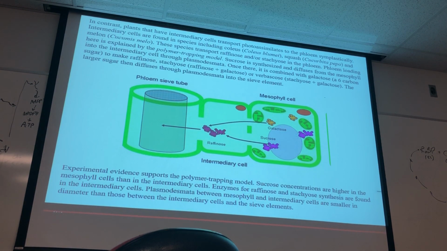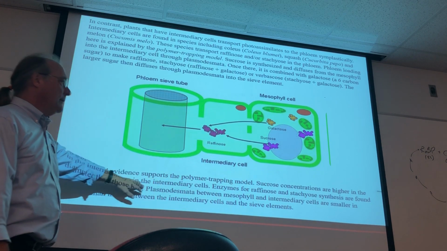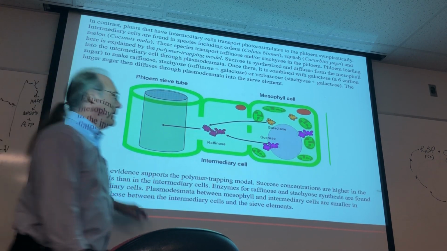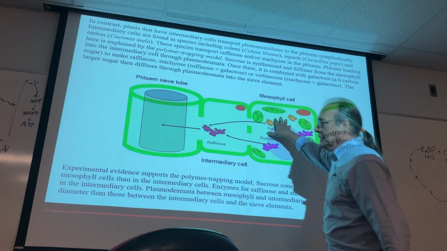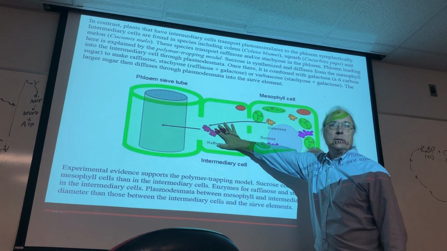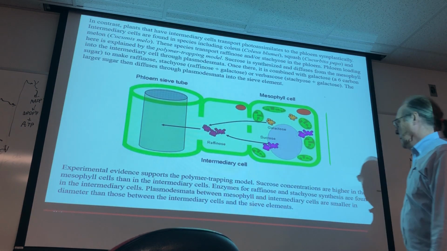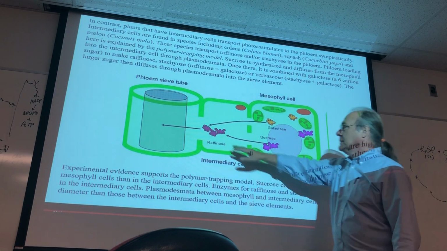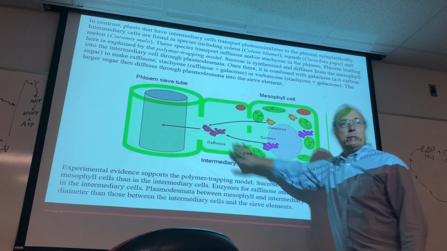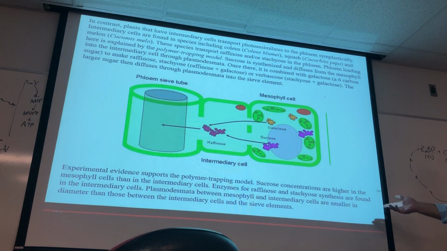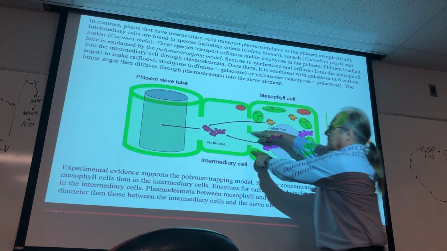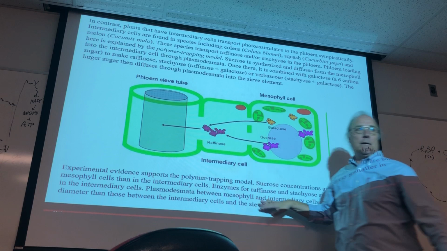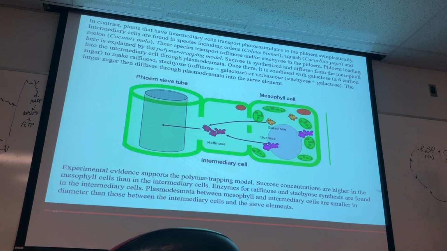Okay. So you can see, if you look at what is going on, higher concentration of sucrose has been observed here than in intermediary cells. And the enzymes for the synthesis of raffinose and stachyose and everything are found in these cells, consistent, and different sizes of plasmodesmata in different places in the system.